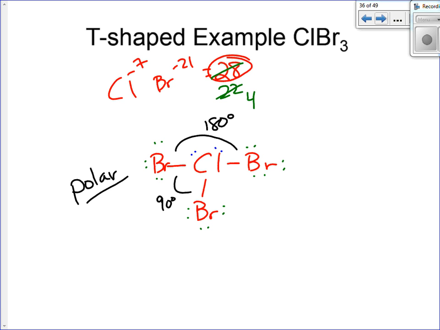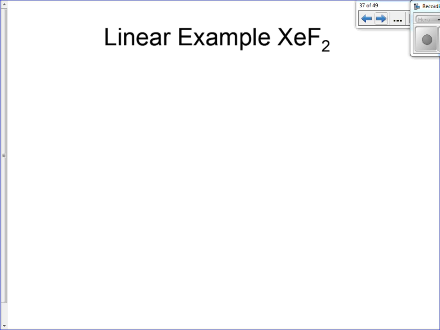Is that it for this one? Oh, the last one, the linear one, then we'll stop after this one. We'll only have to do the octahedrals next time. The xenon compound. So xenon brings in 8, fluorine 14, that's 22.